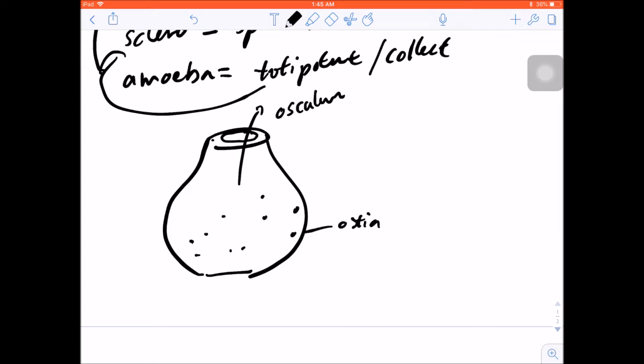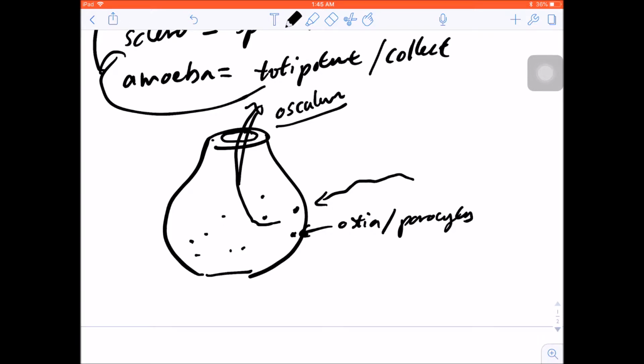Water will come in from the outside and go through the ostia, which are the pores. These ostia basically consist of porocytes, the pores that we were just talking about. So water goes through these pores, into the sponge, and then outwards from the osculum.